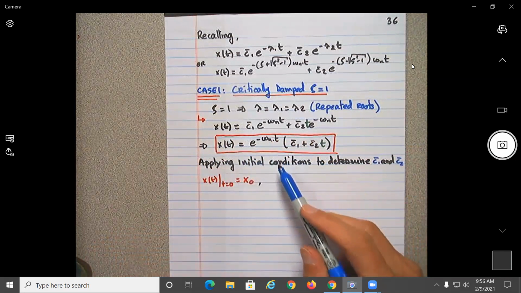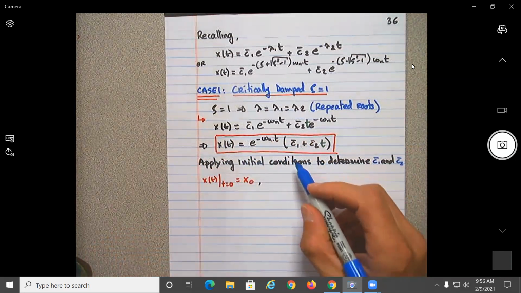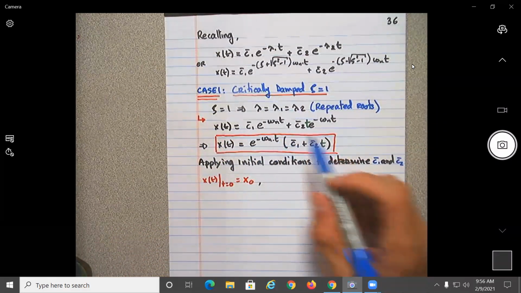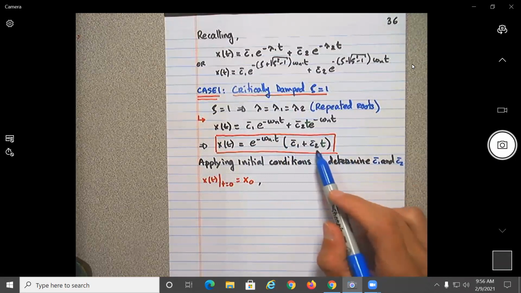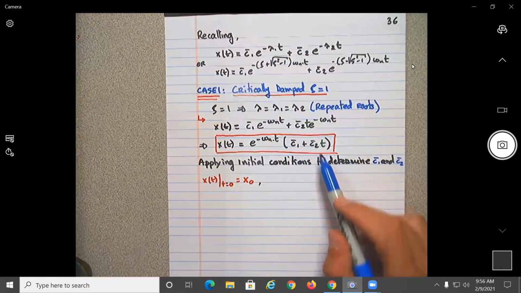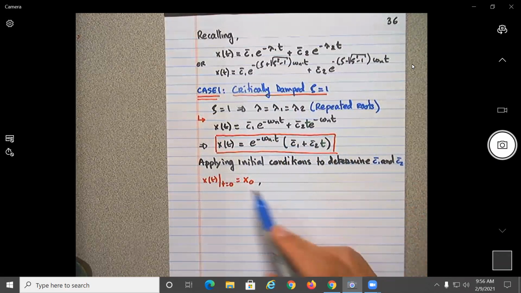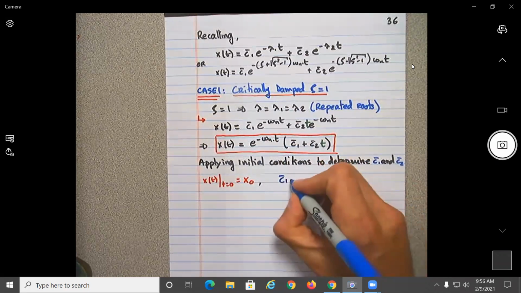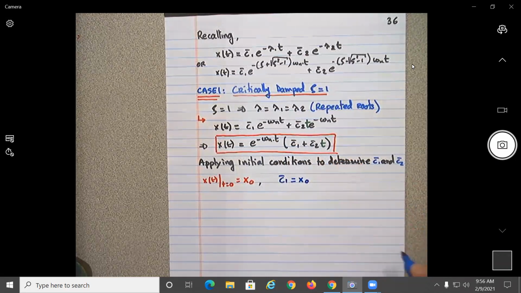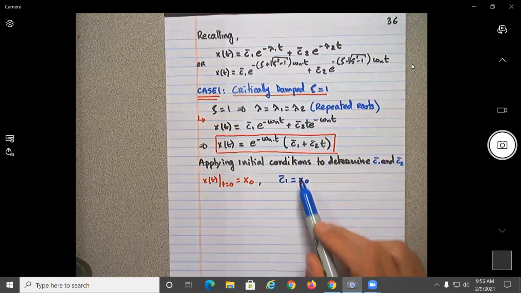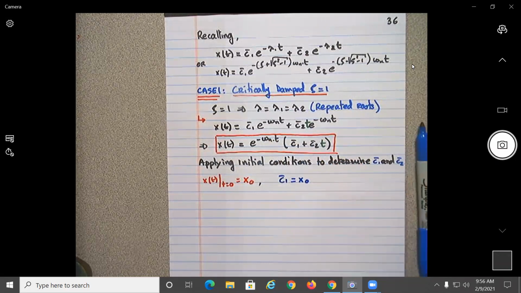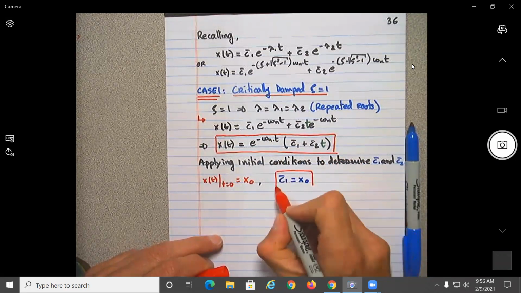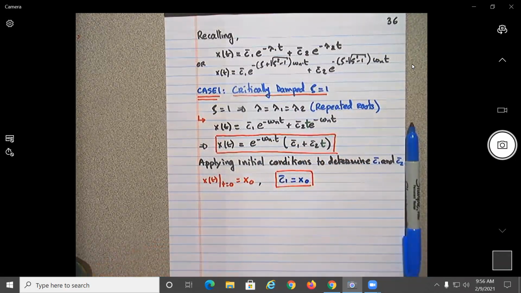This exponential will be equal to 1 now. Then this will be c bar 1, and this will be 0. But this is equal to x sub naught. So this means that c bar 1 should be equal to x sub naught, by just substituting directly into that equation. So we know the first constant of integration is x sub naught.